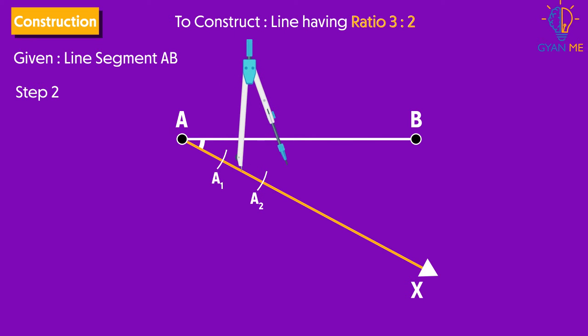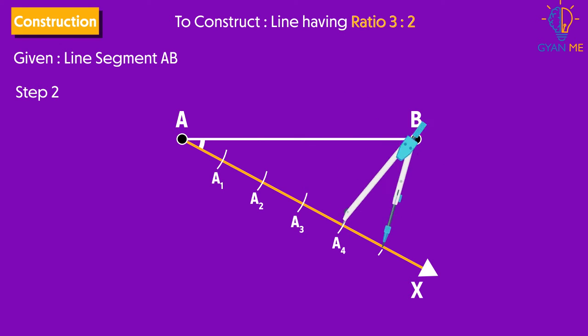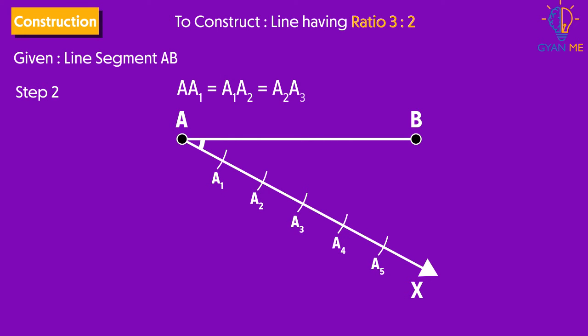Similarly, draw 3 more arcs in a series on ray AX and name them A3, A4 and A5 respectively. Thus, we have 5 points A1, A2, A3, A4 and A5 on ray AX, so that AA1 is equal to A1A2 is equal to A2A3 is equal to A3A4 is equal to A4A5.